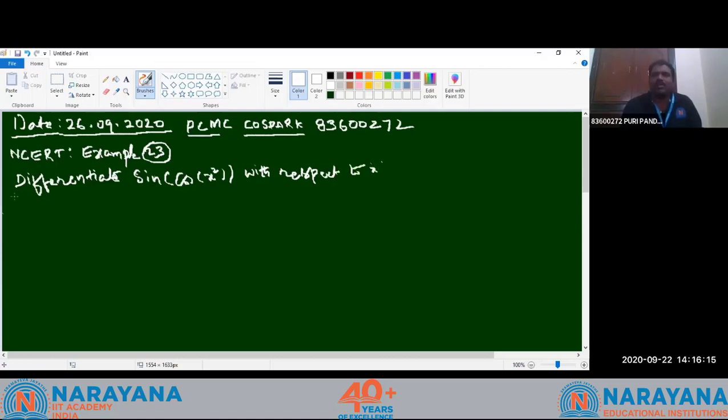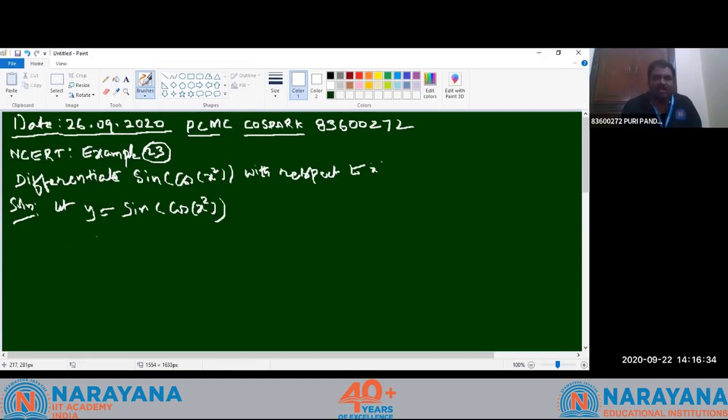So first let the function be some y. Solution: let y be equal to the given function, sin of cos of x square.